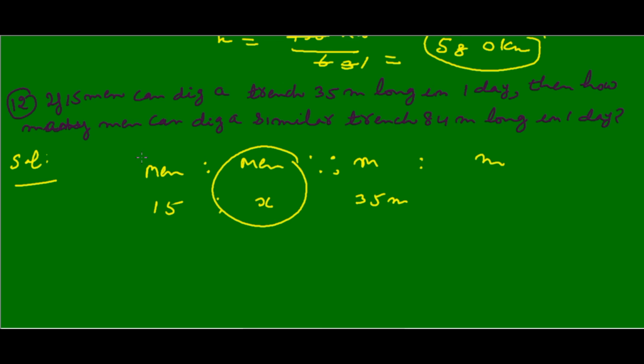So to escape that, we will do it like this. We know meters two times, so we will write meters here. Meter ratio meter, proportion men ratio men. So now you will easily understand.